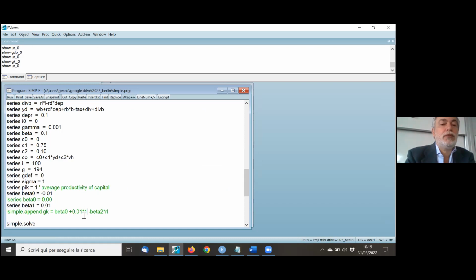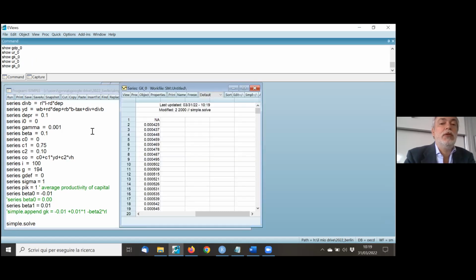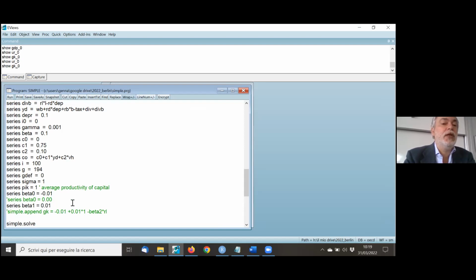So, since we had minus 0.001 in here, this was roughly 0. I think it should be actually 0. Now that I've fixed, yes, this goes exactly to 0.